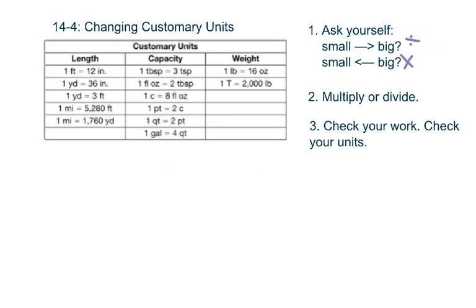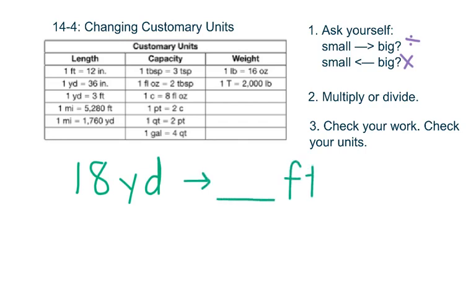Let's try another example using length. This time around, I'm going to convert from a larger unit to a smaller unit. So in this particular example, I'm going to start with 18 yards, and I want to convert it into feet.